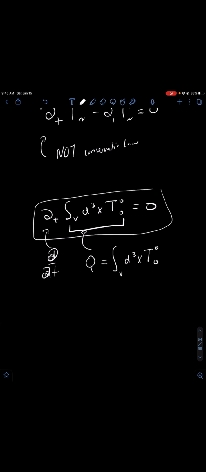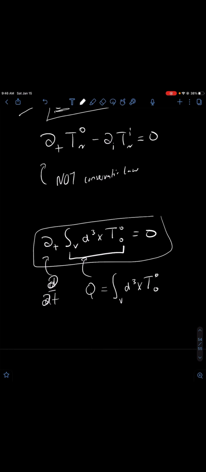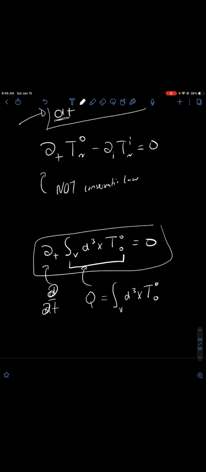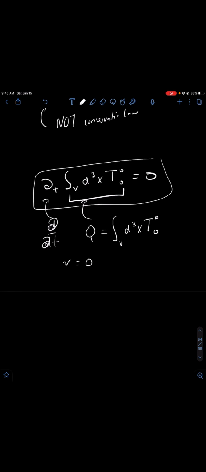One more thing before we close off. Note that this is the conserved quantity for when we declared ν to be equal to 0. When we first started out, we started with general space-time translation.